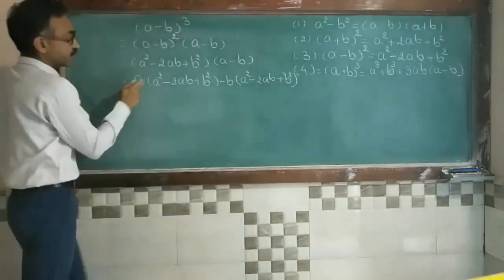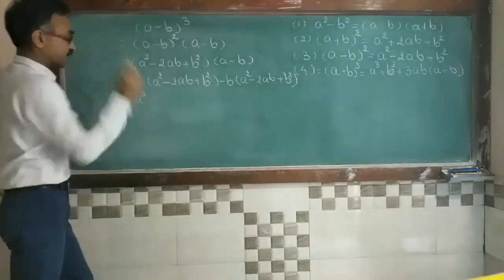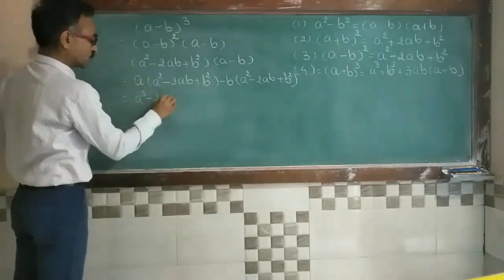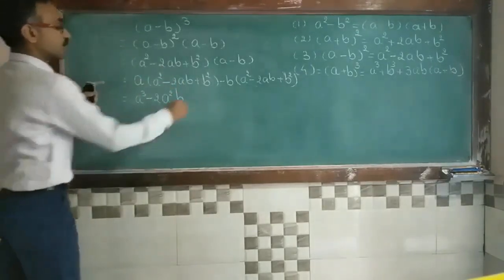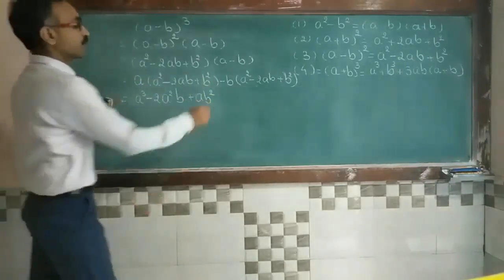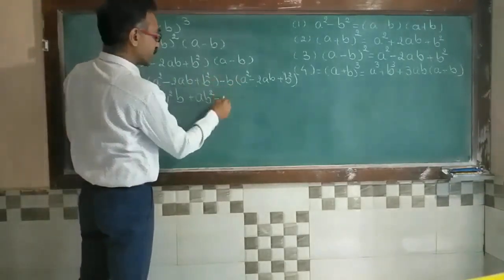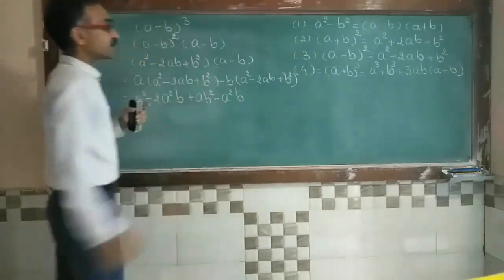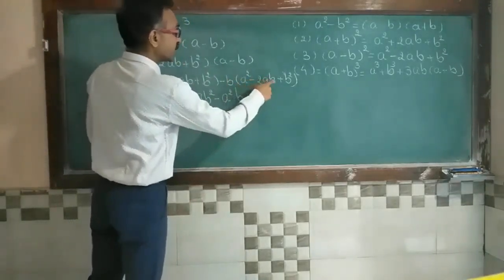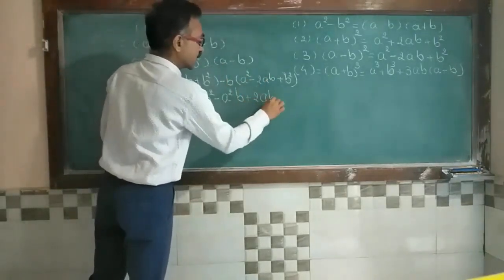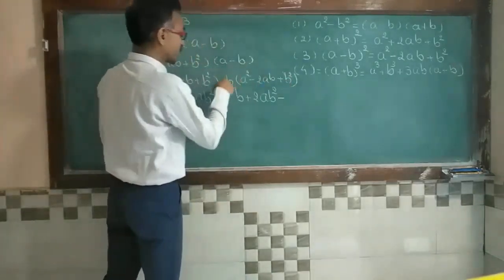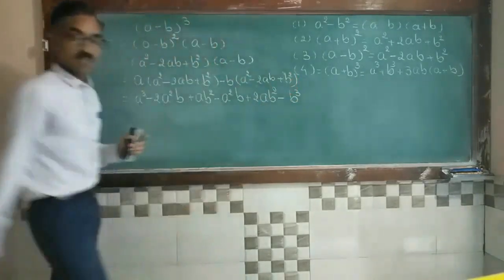So multiply it: a into a square is a cube, minus 2ab into a is 2a square b, plus a into b square is ab square, minus a square into b is a square b, minus minus plus 2ab into b is 2ab square, and minus plus minus b square into b is b cube.